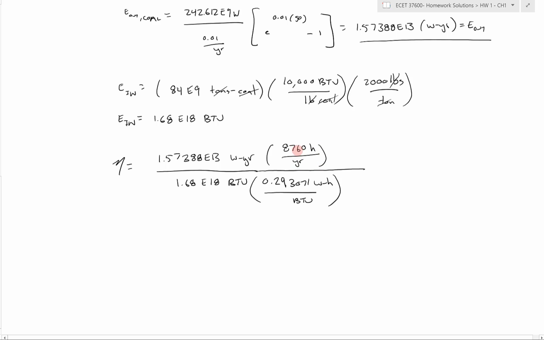So if I multiply the numerator by 8,760, my years are going to cancel out and I'll get watt hours. So throw that all into your calculator. You're going to find that this coal efficiency is 0.28, which is 28%. So the plant that we're analyzing has a 28% efficiency.